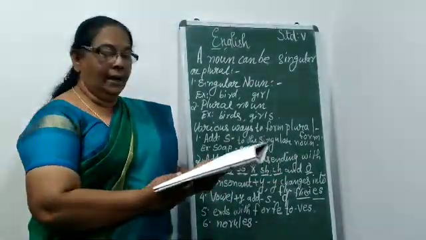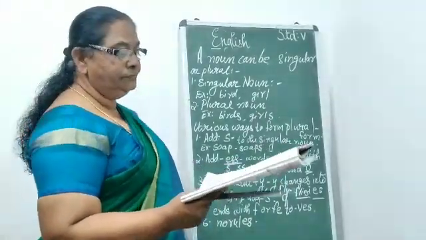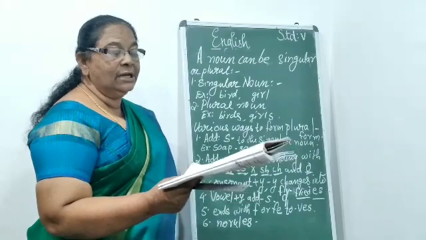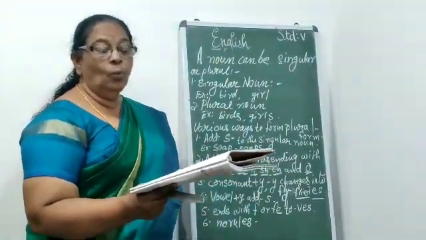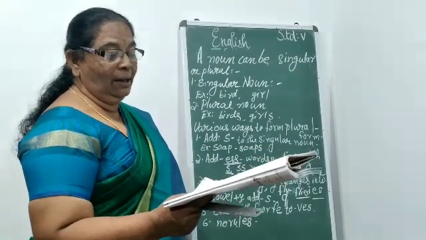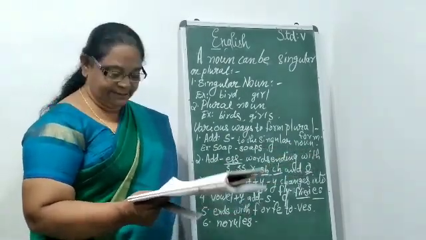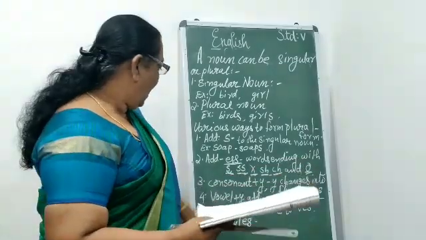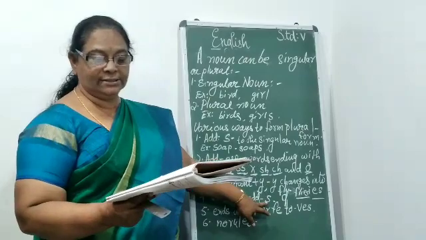Okay, then coming to the fourth rule. When a singular noun ends with a vowel and y, and what? Yes. Okay, and when you are writing there you write s.